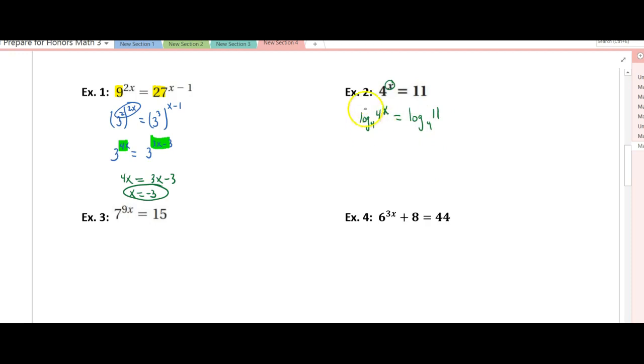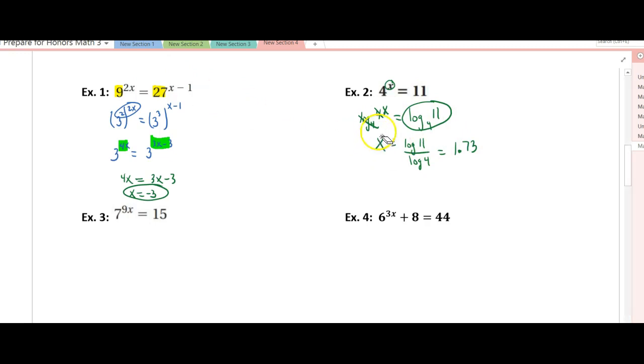Now remember, when I take log base 4 of 4 to the x, these wipe each other out and just leave me with x. So now all I have to do is evaluate log base 4 of 11, which I could do log of 11 over log of 4. And when I simplify that, I would get 1.73. That's one way to do it.